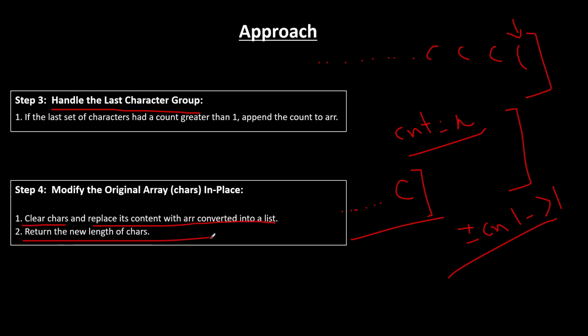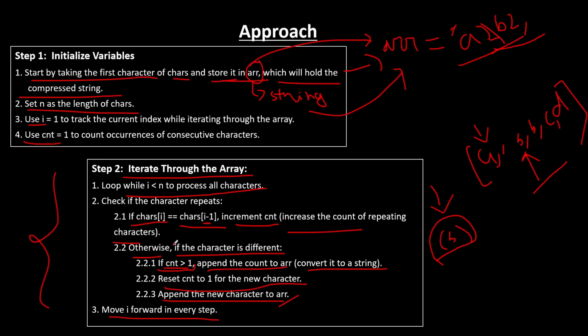Now we return the length of the cache. So when we get the string, we will convert it into an array and return the output, right? So this is the approach. This is a very simple and straightforward approach.